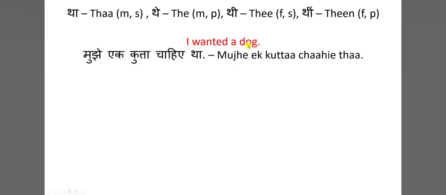I wanted a dog is मुझे एक कुत्ता चाहिए था. This is indirect construction, meaning the subject of the English sentence becomes the indirect object of the Hindi sentence and ko is added to it.